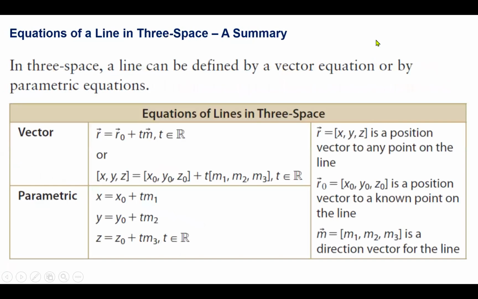And now let's make a summary of the equations of line in three space. So in three space, a line can be defined by a vector equation or by parametric equations. So note here, in this case, the line cannot be expressed using a scalar or a slope-intercept form of equations.